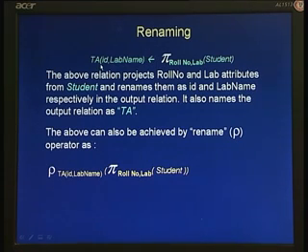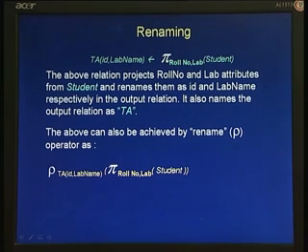The first expression here takes the student relation and then projects the roll number and lab attributes of the relation. Once you get a relation as an output, it is in turn assigned to another relation called TA, or maybe teaching assistant, with the roll number attribute name replaced by ID and lab replaced by lab name.